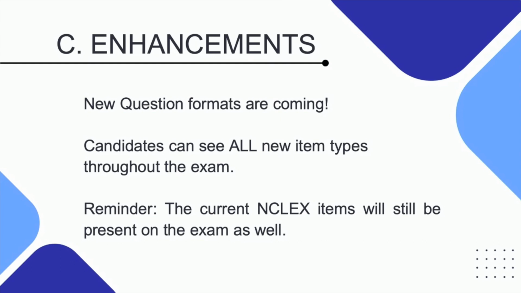And also, as a reminder, the current NCLEX items will still be present on the exam as well. We are talking about a marriage between the current NCLEX and next generation. So what do I mean by the items?